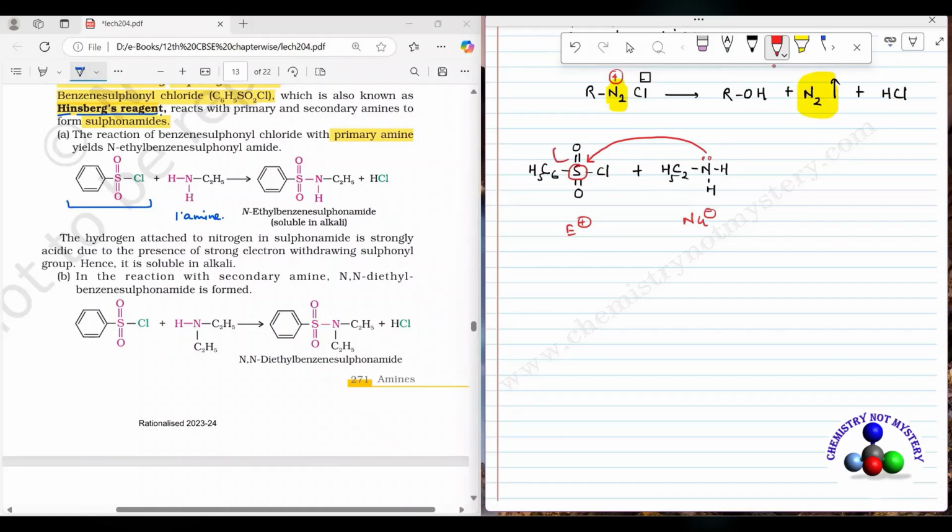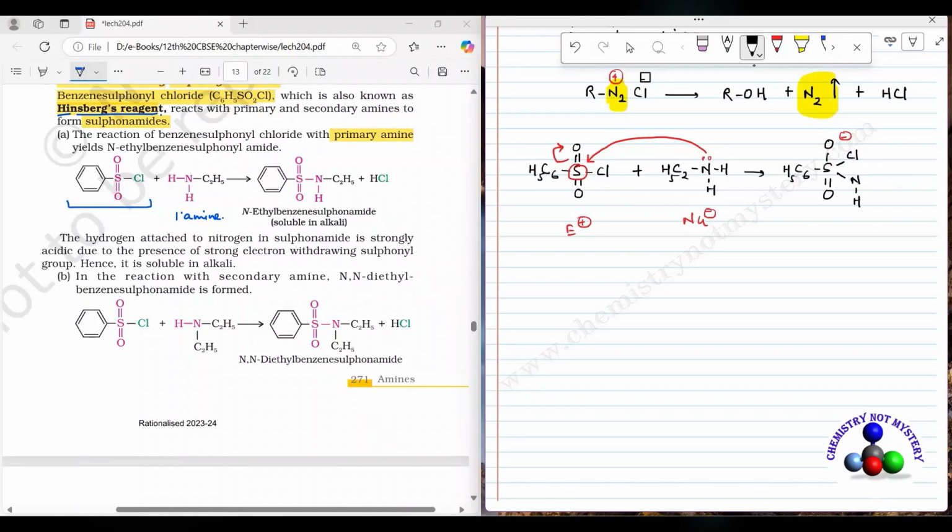The pi bond moves to oxygen. So here you will get C6H5 sulfur. Now this oxygen will develop a negative charge, and here it is bonded with oxygen, here it is bonded with Cl. Now it has made a bond with the nitrogen.